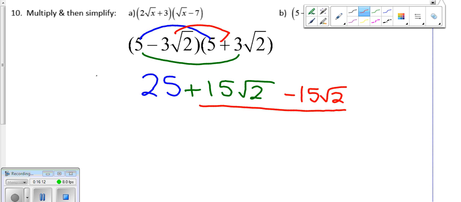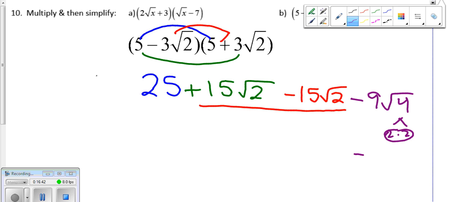So if you notice, this is a special problem. And then negative 3 square root of 2 times positive 3 square root of 2. So this is a special kind of problem, and it's called the difference of squares. So negative 9 times the square root of 4, which since 4 is a perfect square, we know that that's 2 times 2.